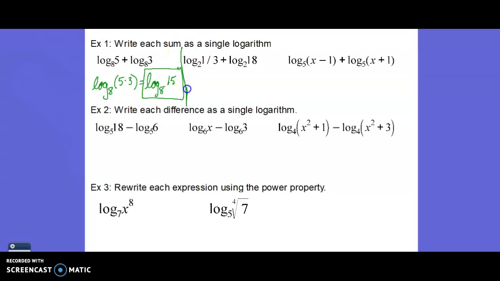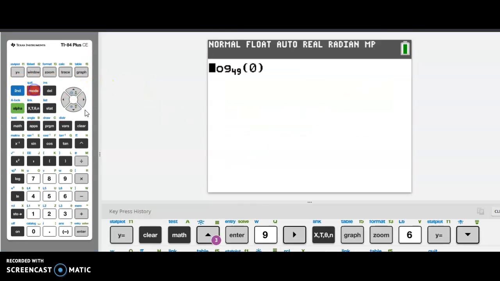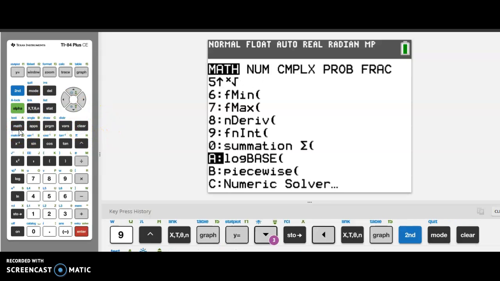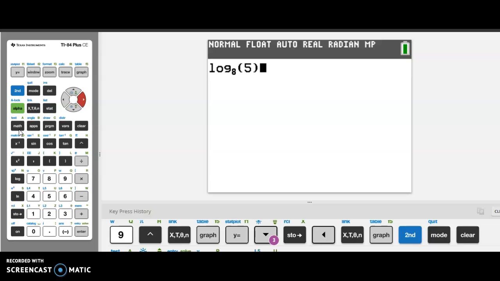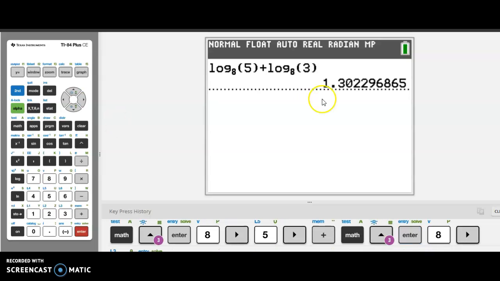Now here's the thing, you can use a calculator. I've never asked you to take a no calculator test. But if you leave your answer, let me clear that out, as log base 8 of 5 plus log base 8 of 3, and you give me this decimal answer, I'm going to mark it wrong because that's not a single logarithm.